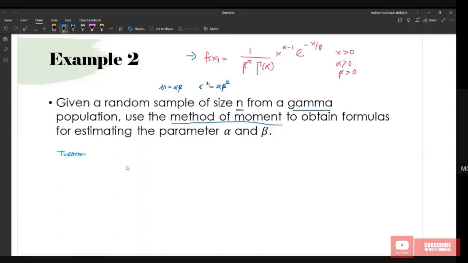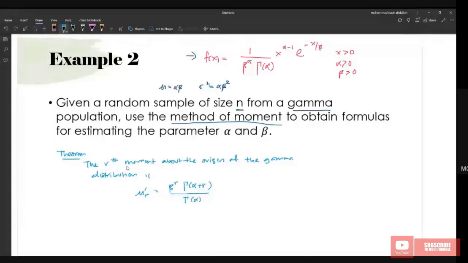Theorem for the gamma distribution, the r-th moment about the origin.